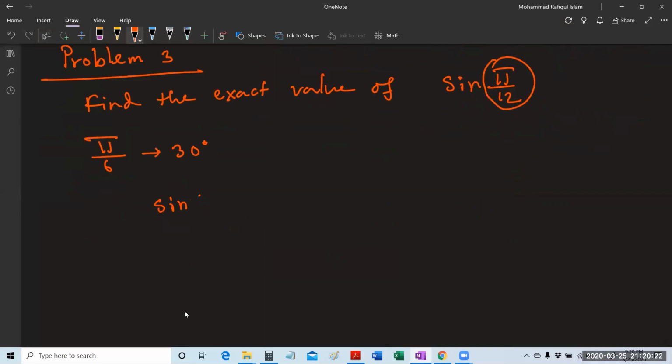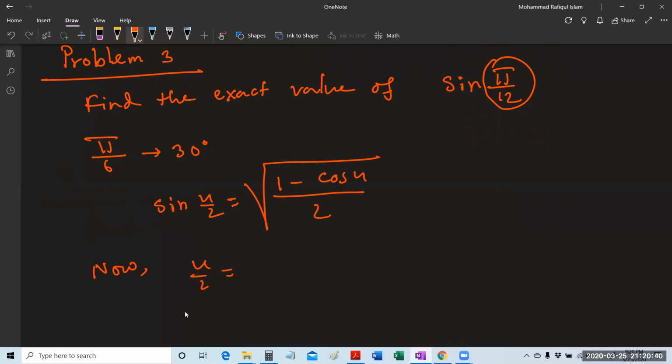Sine u by 2 equals positive square root of 1 minus cosine u over 2. Now, how do we find our u? So u by 2 equals pi over 12. If we multiply both sides by 2, we get u equals pi over 6.